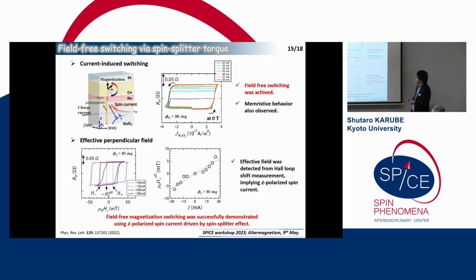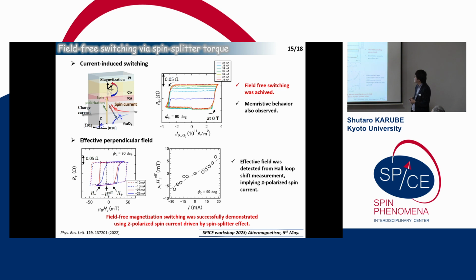This is the result: the anomalous Hall resistance of the cobalt layer as a function of the applied charge current density. We successfully achieved the field-free switching in the cobalt layer.